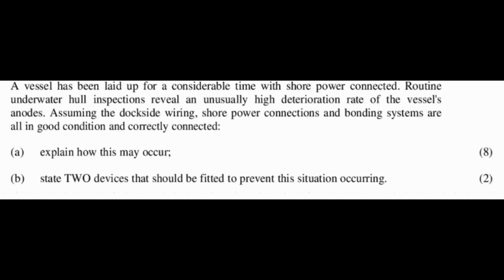A vessel has been laid up for a considerable time with shore power connected. Routine underwater hull inspections reveal an unusually high deterioration rate of the vessel's anodes. Assuming the dockside wiring, shore power connections, and bonding systems are all in good condition and correctly connected. A. Explain how this may occur.